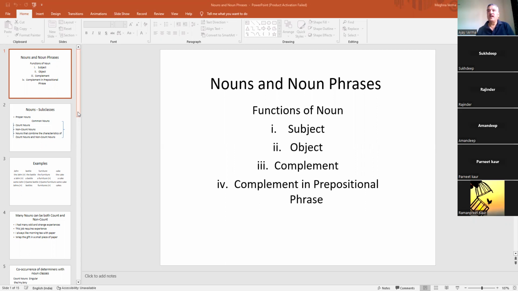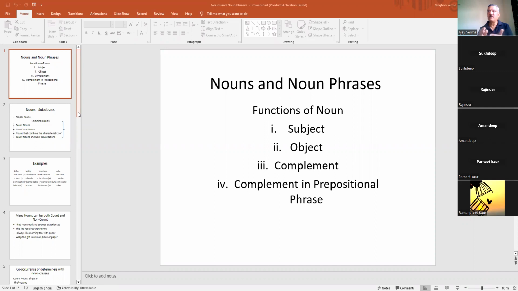There is lesser reliance on earlier classifications of traditional grammar, such as proper noun and common noun, but that does not mean that the earlier classifications are irrelevant.